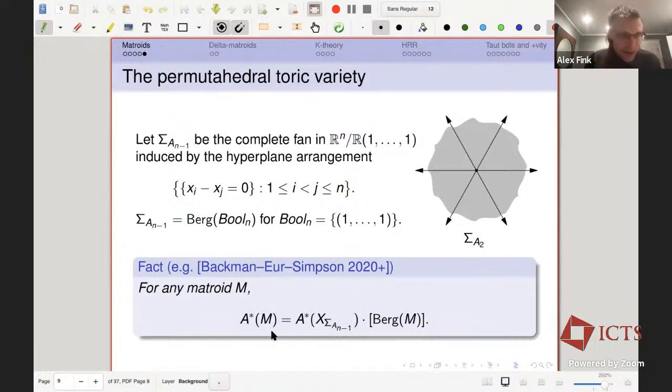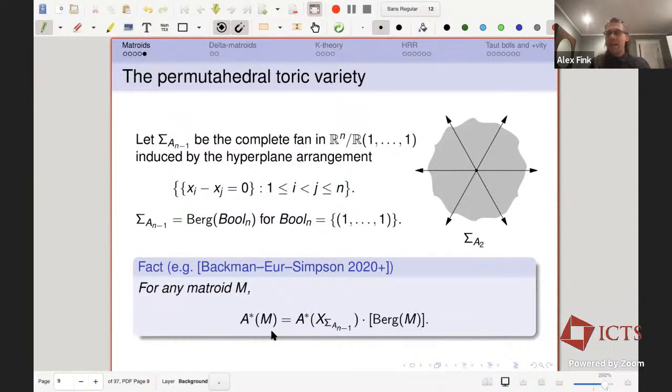So for the purposes of this talk, the way we'll work with these positivity statements is not by using a Matroid Chow ring, but by using this particular permutahedral toric variety, at least in the type A half of the talk. So that's the type A half.